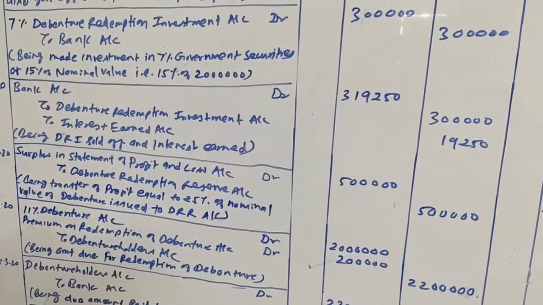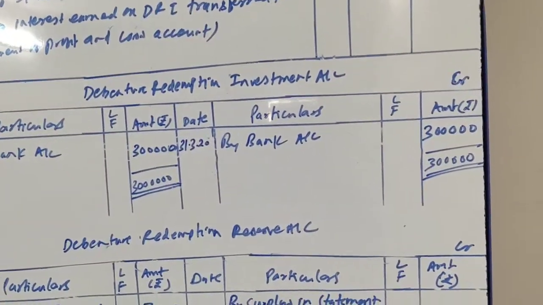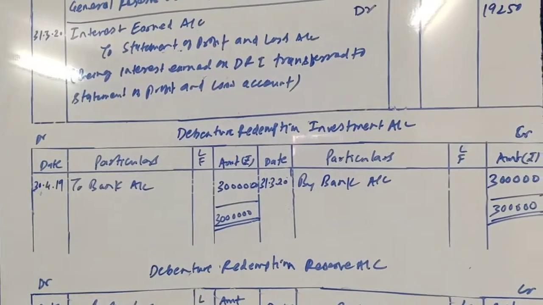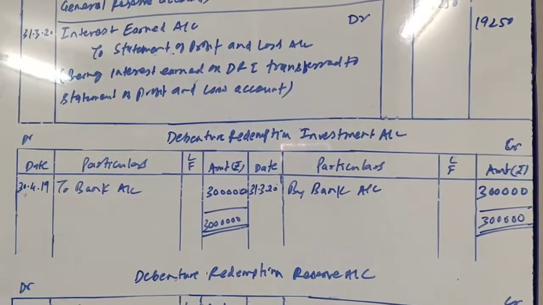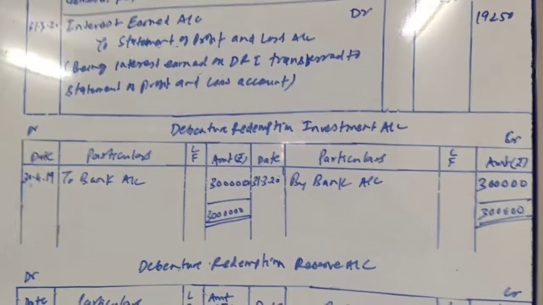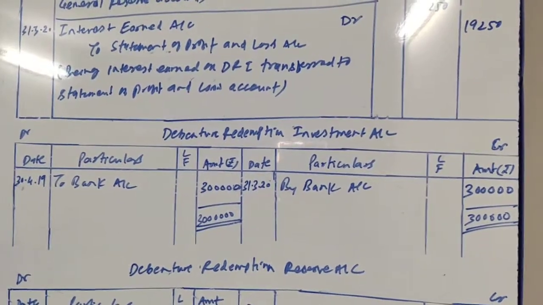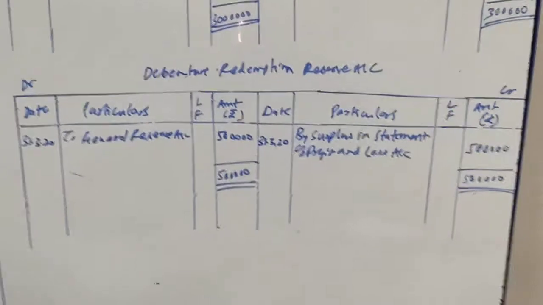So at the credit side on 31/3/2020, by bank account 3 lakh. So here our debenture redemption investment account gets closed. Okay, another entry of 19,250 will be done at the credit side of interest earned account, which we are not making here. And finally we will make debenture redemption reserve account.